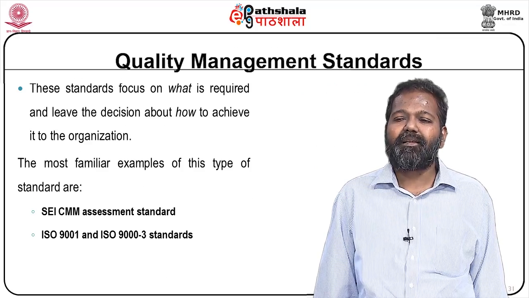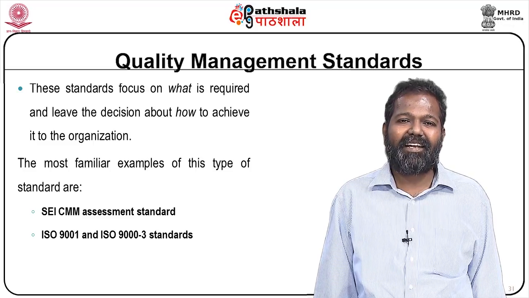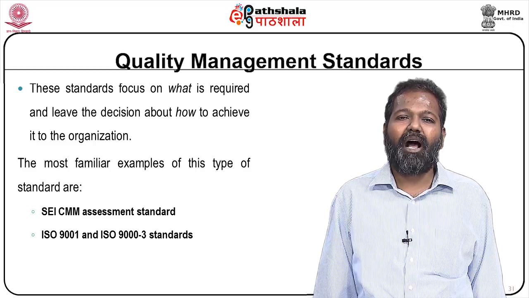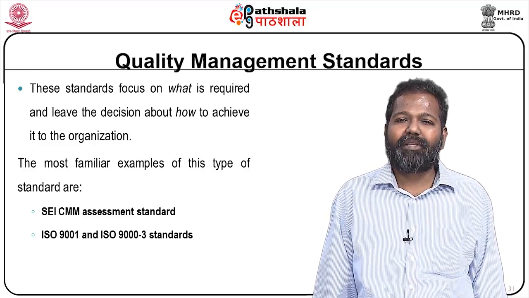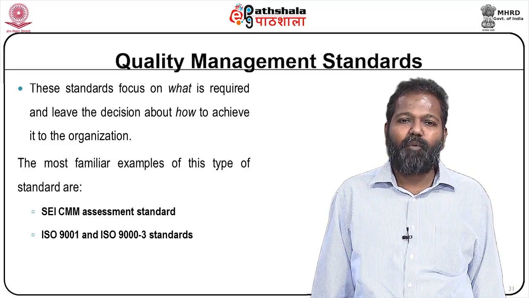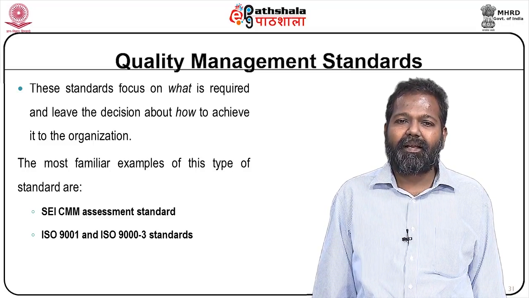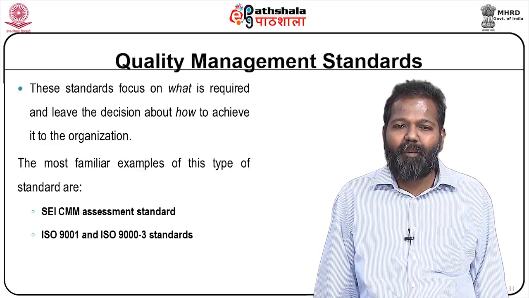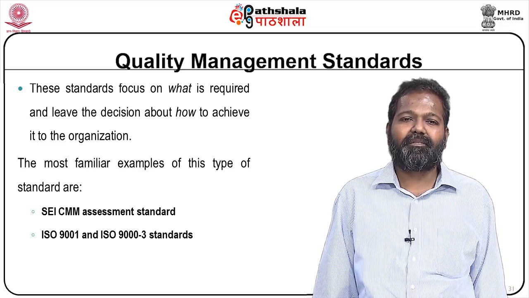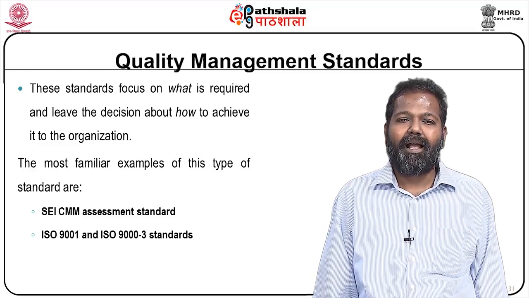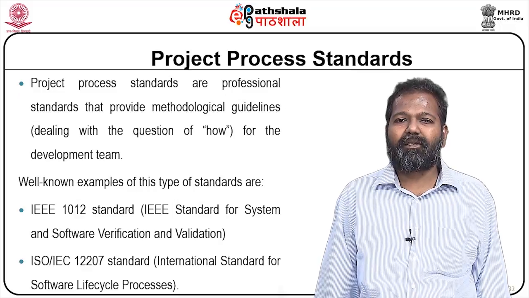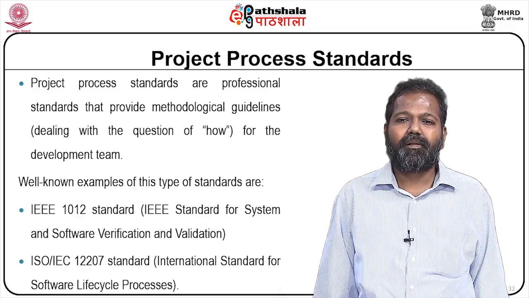Quality management standards. These standards focus on what is required and leave the decision about how to achieve it to the organization. The most familiar examples of this type are the SEI CMM assessment standard, ISO 9001 and ISO 9003 standards. Project process standards.